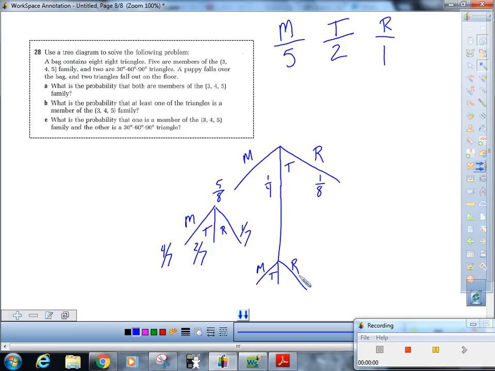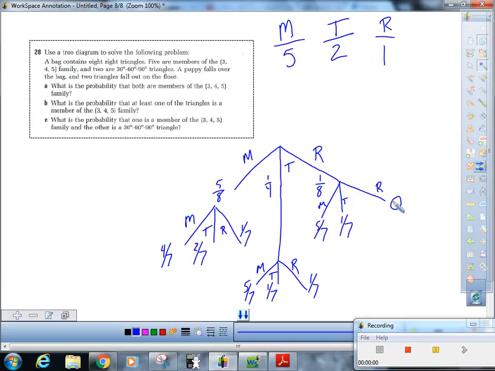M, 5 out of 7. T, 1 out of 7. R, 1 out of 7. And this one is going to be 5/7, 1/7, and 0.